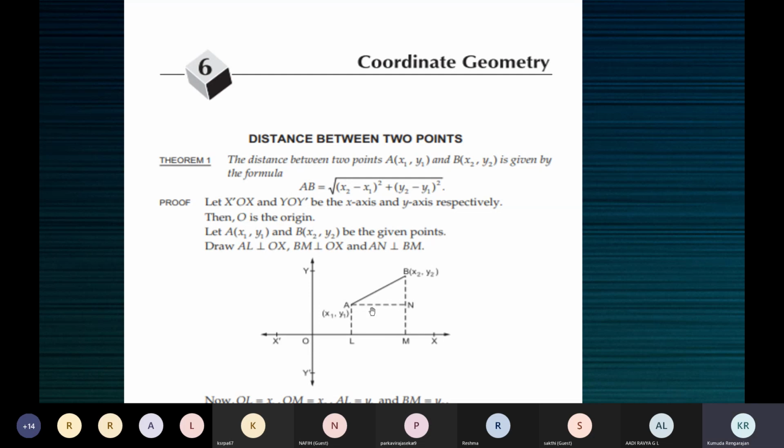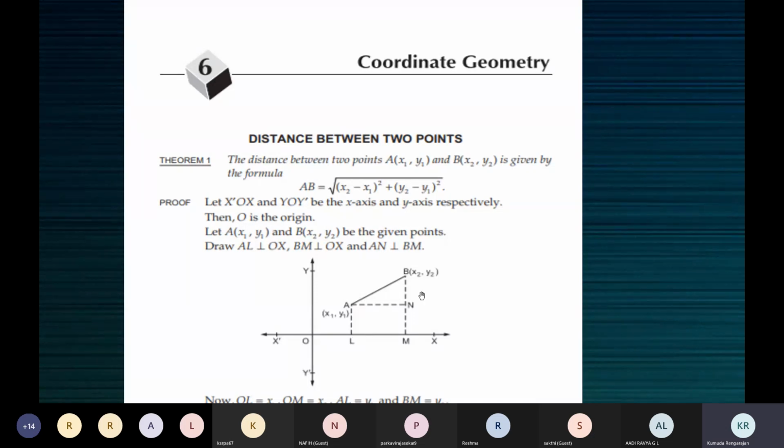So we found AN. Now tell me in terms of X2 and X1, children. You said this was 10, so X2, and this was 3, X1. So OM is X2 units and OL is X1 units.